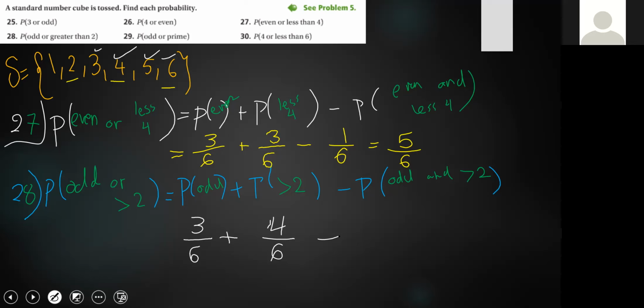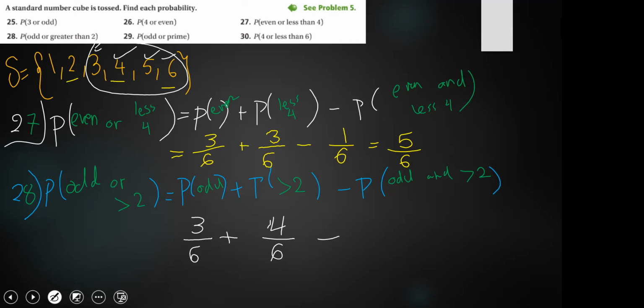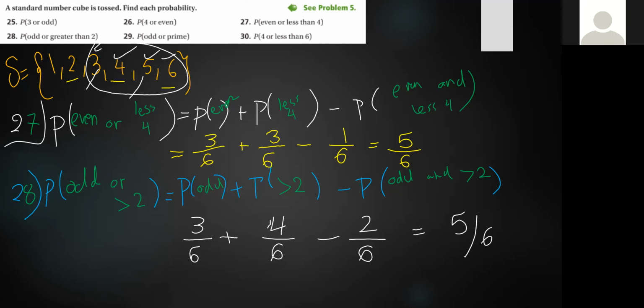From these 4 numbers greater than 2, how many are odd? 2: 3 and 5. So I have 2/6 only. So the final answer is 3 plus 4, 7, minus 2, which is 5/6. Is it clear? Yes.